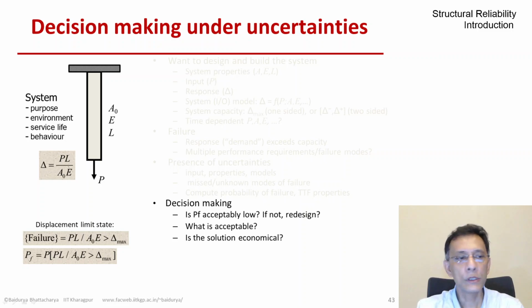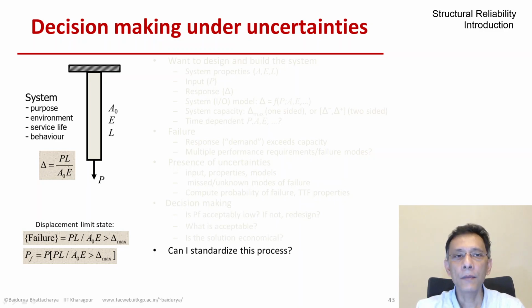Is the failure probability low enough? If not, then I would need to redesign. Is the solution economical? And what would be an acceptable failure probability? If I need to find that out, that would require an additional analysis.